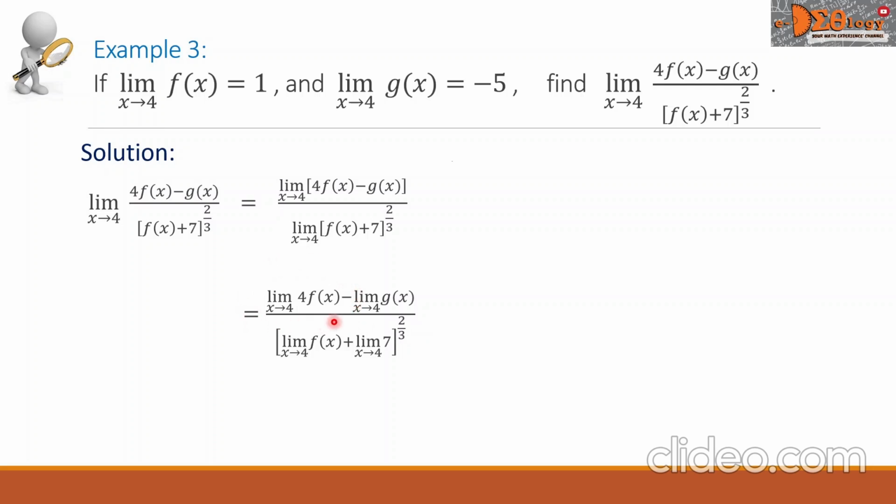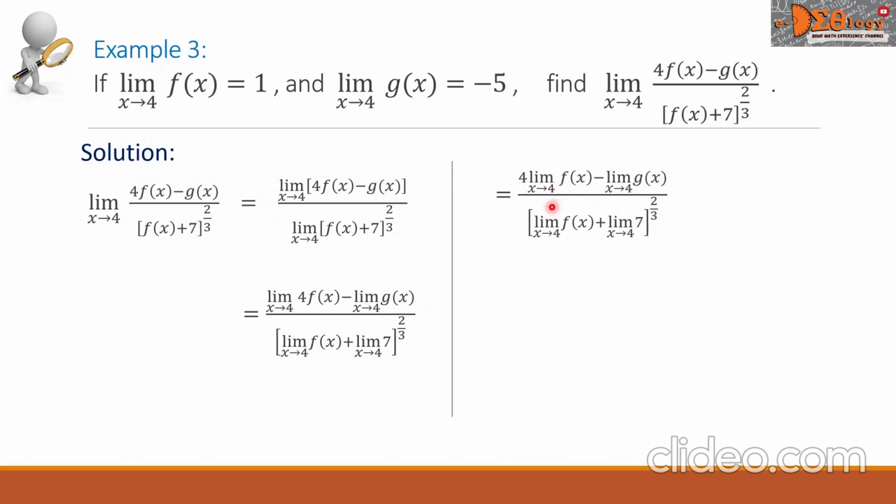In the numerator, we have this limit, 4 times f of x. We have a constant multiplied by the function. We can simplify this notation by putting this constant out of the limit symbol. So it becomes 4 times the limit of f of x as x approaches 4. And from here, let us substitute the corresponding values.